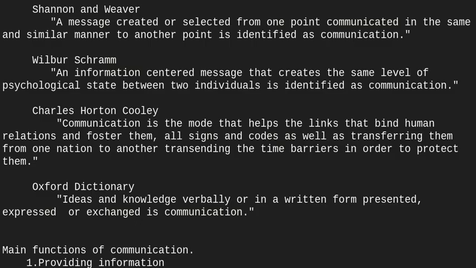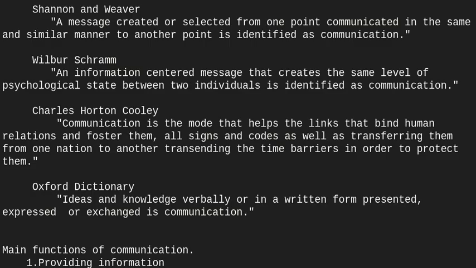Charles Horton Cooley: communication is the mode that helps the links that bind human relations and foster them, all signs and codes, as well as transferring them from one nation to another, transcending the time barriers in order to protect them. So actually this is a somewhat lengthy definition.